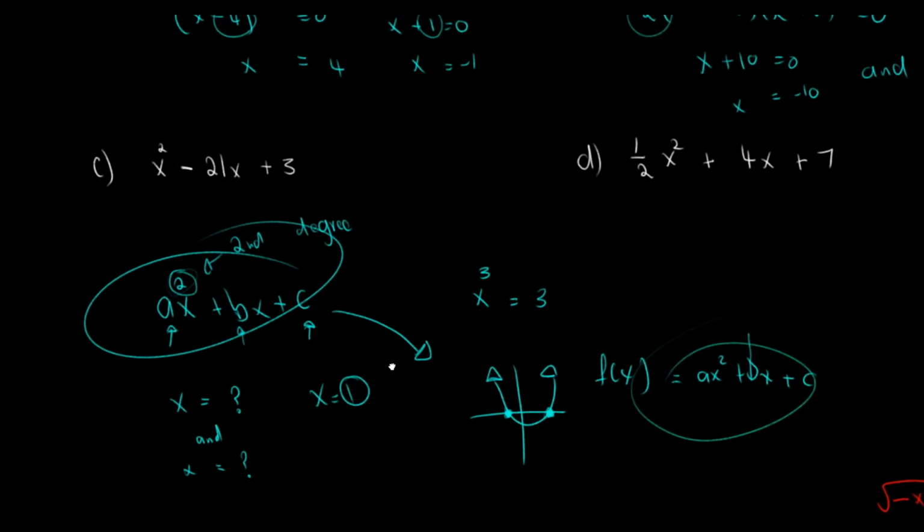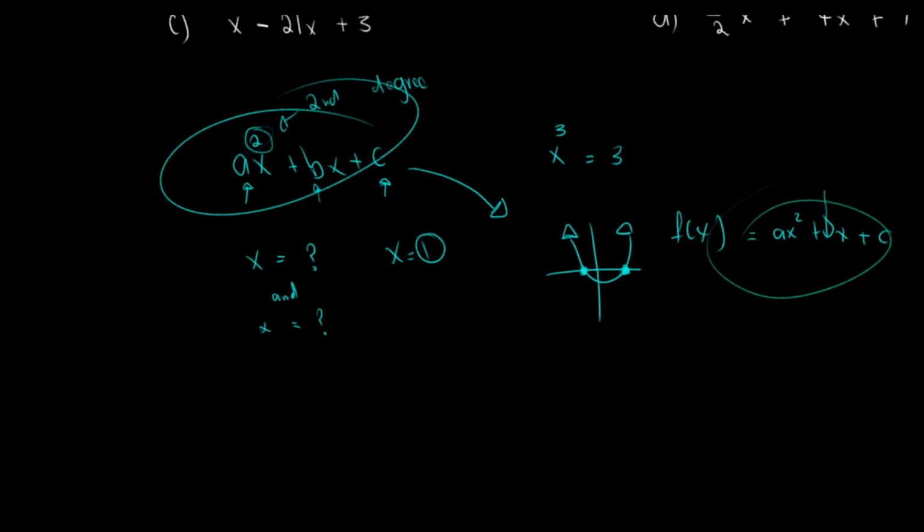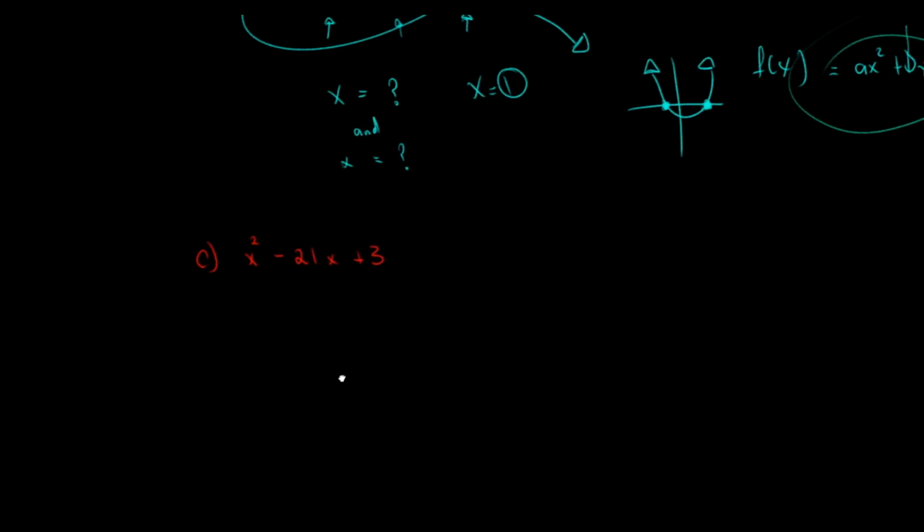Let's get to this final one. So I'm just going to rewrite C down here. Now we have the exact same situation where we see that, well, we can't figure out what times what gives me negative 21. That's clearly impossible since 3 is a prime number.